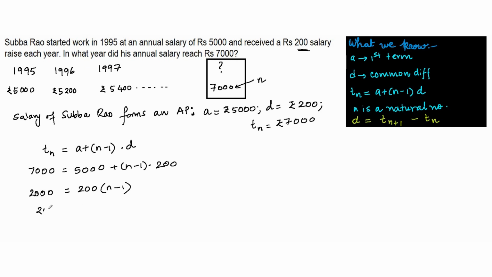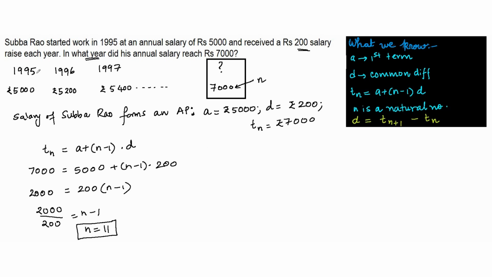And therefore 2,000 by 200 is equal to n minus 1, which means n is equal to 11, right? So his salary will reach 7,000 rupees in the 11th year.